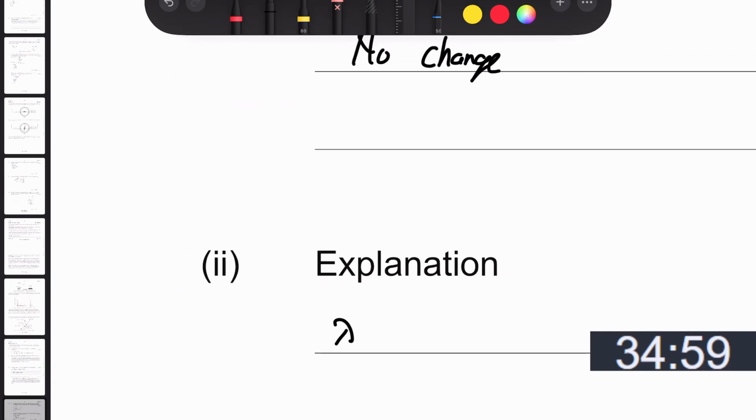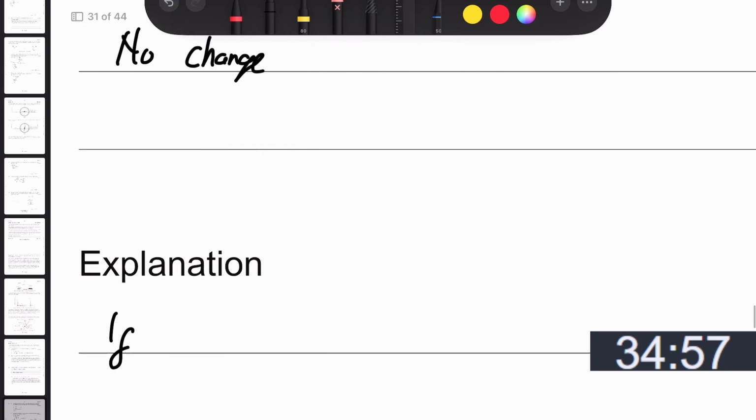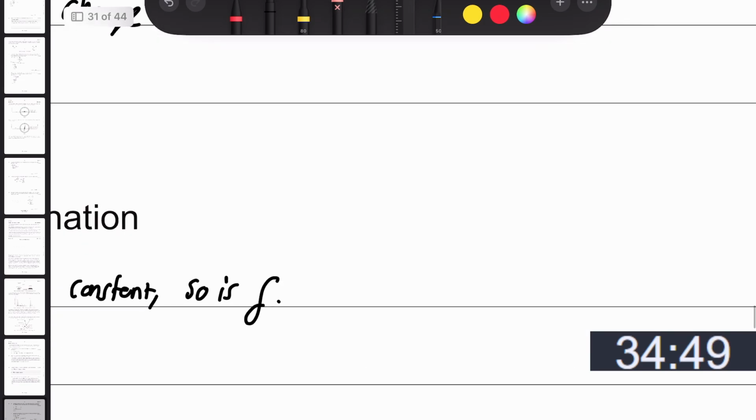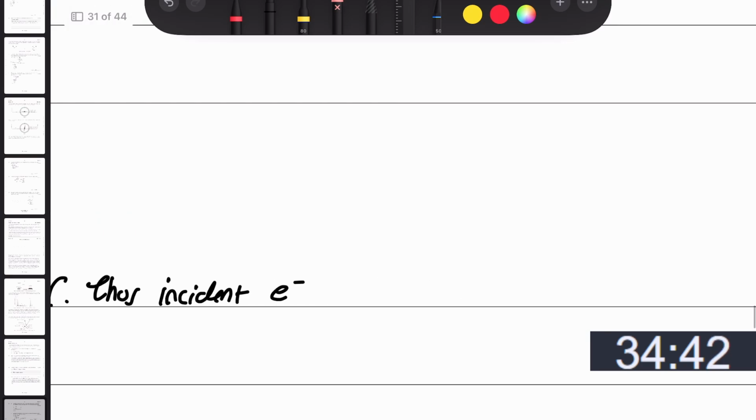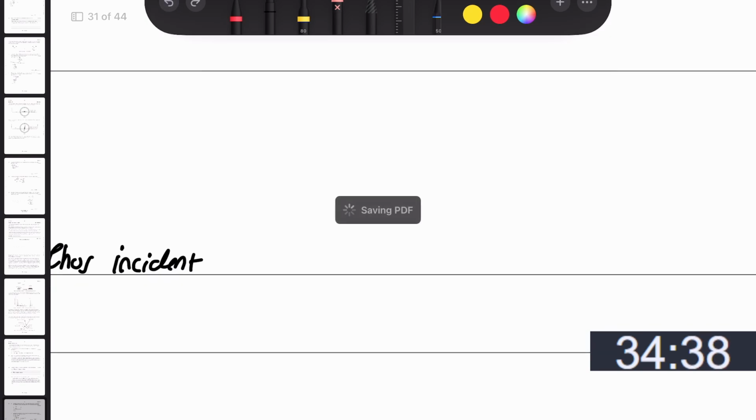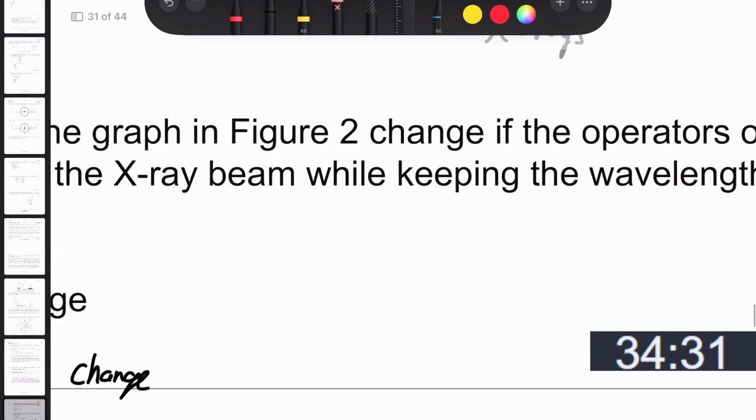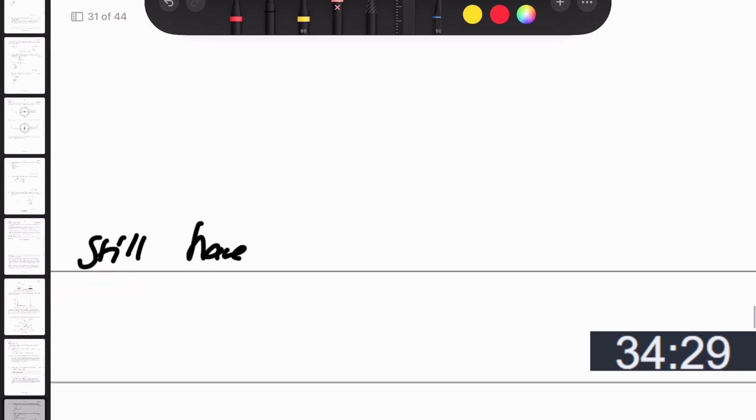So if lambda is constant, so is frequency, thus incident electrons or photons still have the same energy per photon.